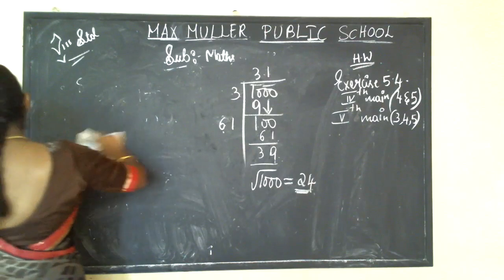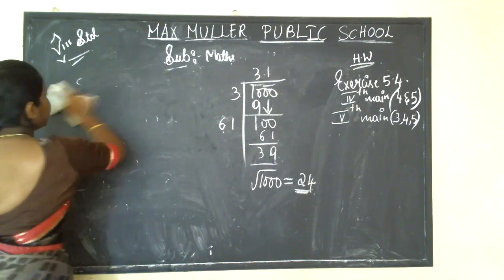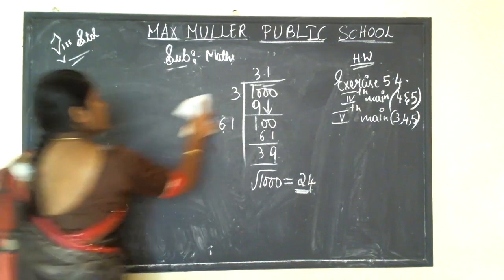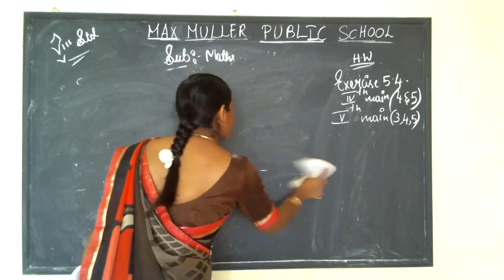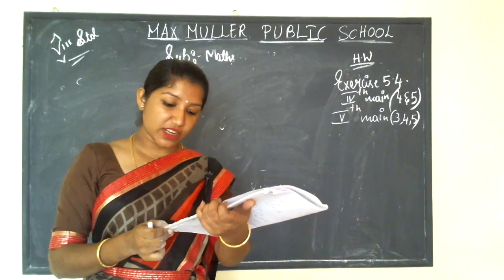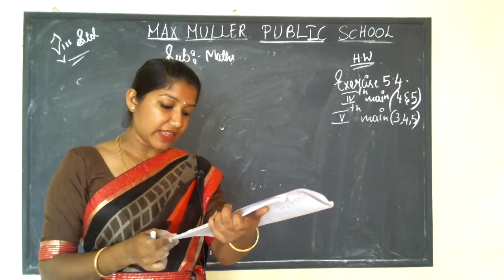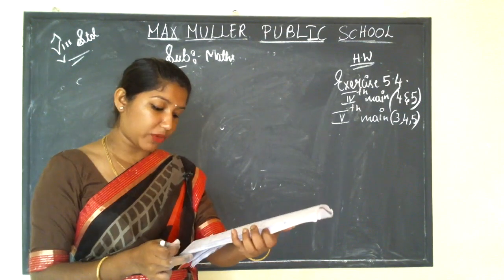Coming to the ninth problem. I think this is the last problem, under square roots. There are 500 children in a school for a PT drill. They have to stand in such a manner that the number of rows is equal to the number of columns.